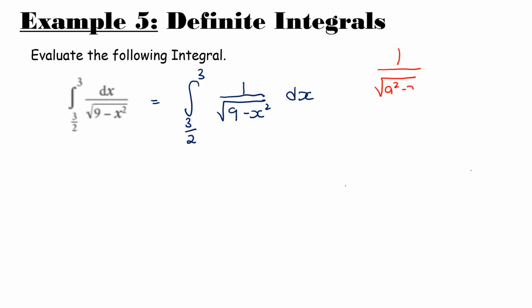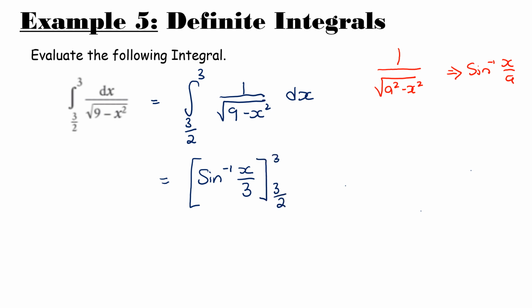And they tell us when that's integrated, it becomes sine inverse of x over a. And that matches what we have here, a being 3. So we have sine inverse of x over 3. So this is going to be evaluated between 3 and 3 over 2.